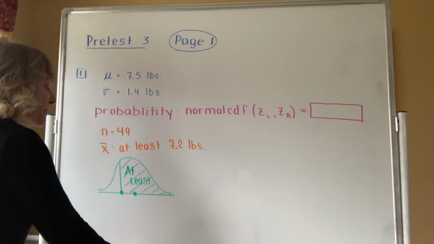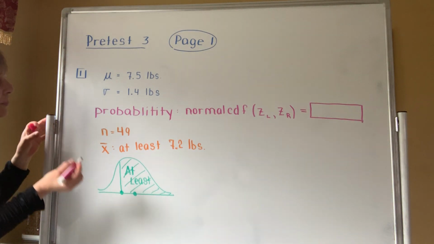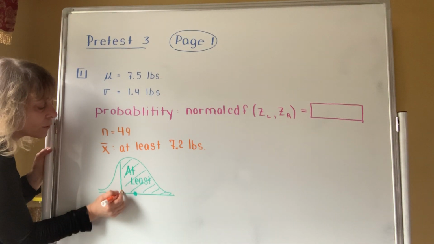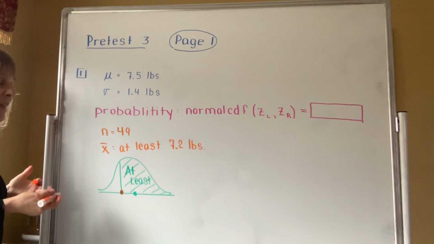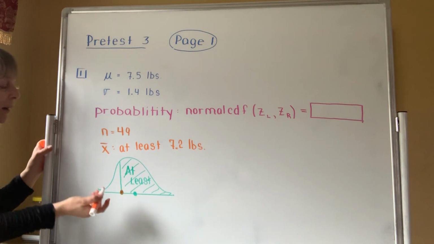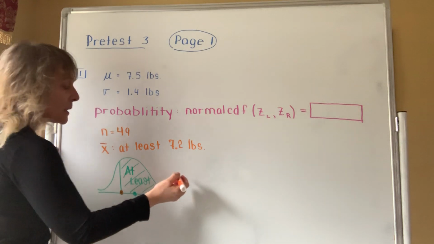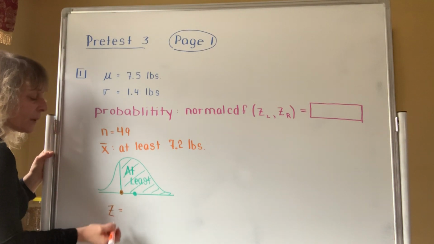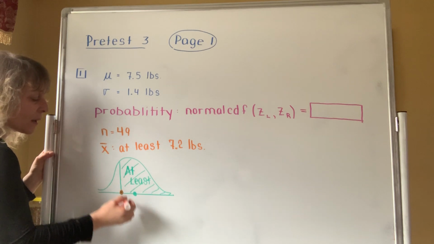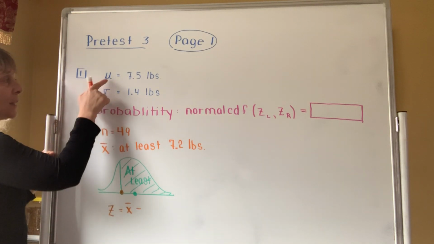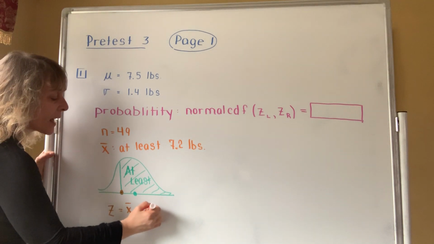Now it is your job to figure out what the corresponding z-score is for 7.2. But remember, we got that number from just a sample, and they didn't even tell us where the sample is from. So you need an adjustment. You're actually going to figure out the z-score by doing the sample average minus the population average.